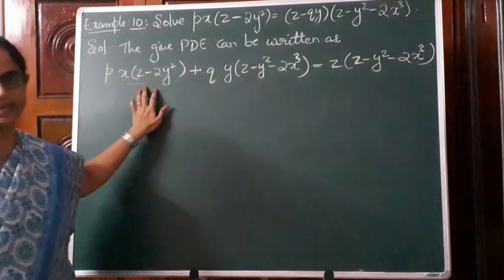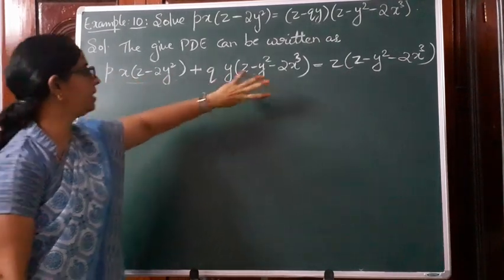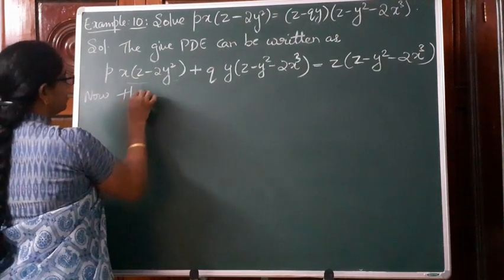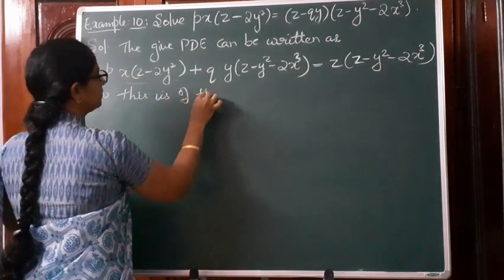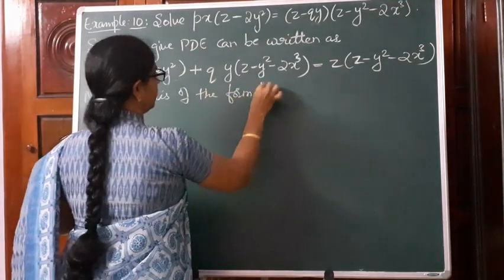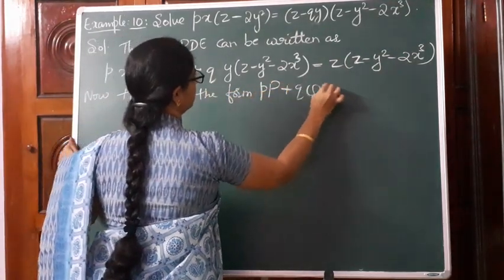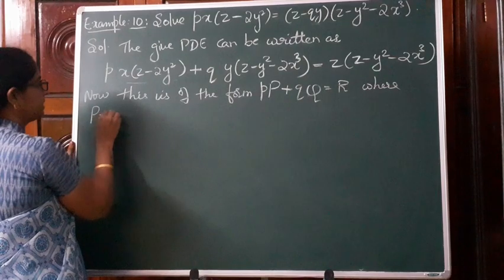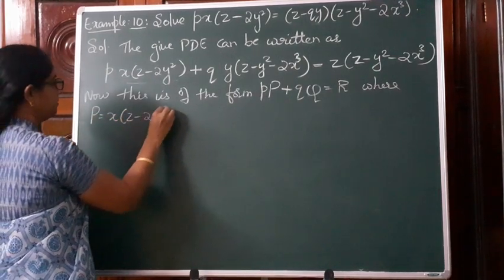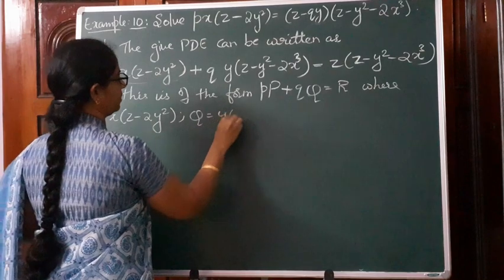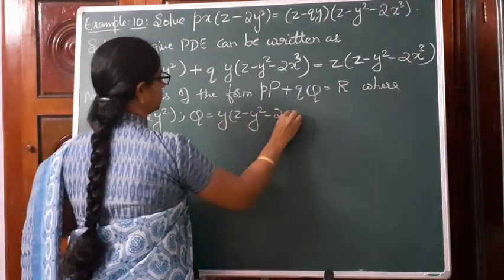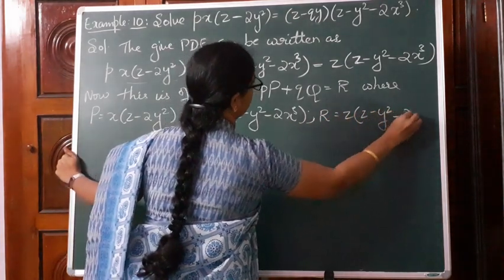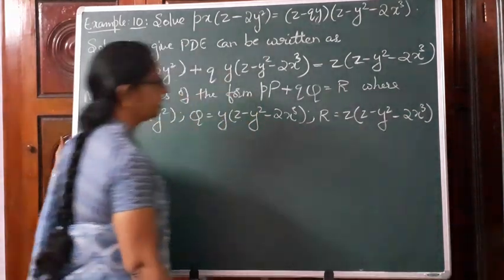Now this is in the Lagrange's form, P into P plus Q into Q is equals to R, where P is x into z minus 2y square, Q is y into z minus y square minus 2x cube, and R is z into z minus y square minus 2x cube.